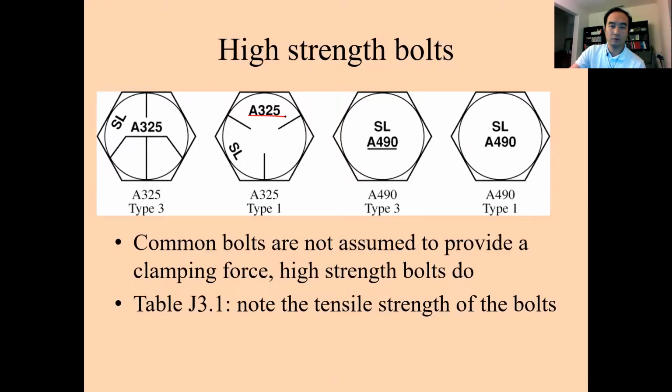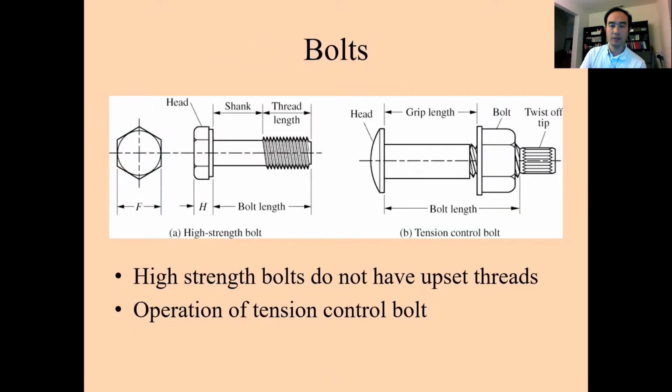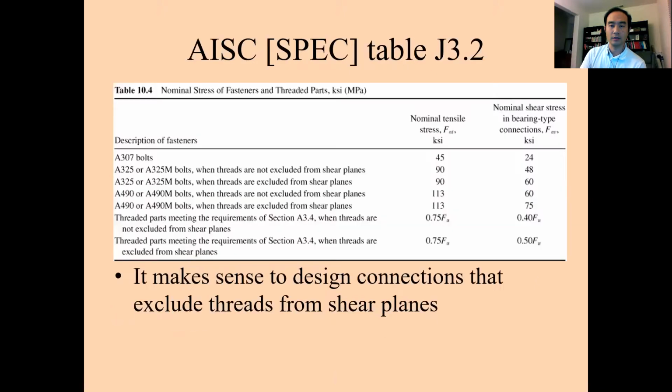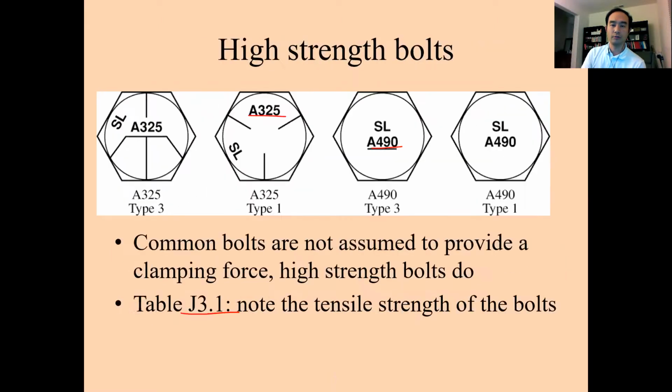So here you can see we have A325 steel or A490. Those are high strength steel. And Table J3.1 in your steel manual provides all the material properties in tension and shear. It looks something like this. Okay, so this table is directly coming from Table J3.2 in your manual.